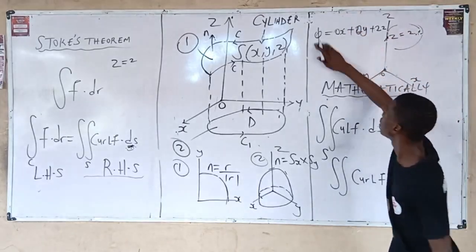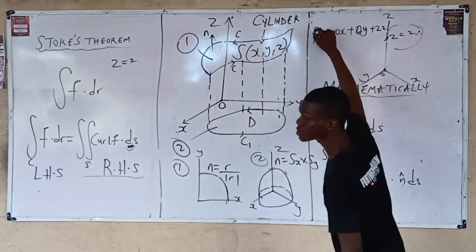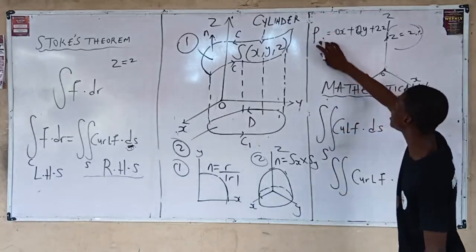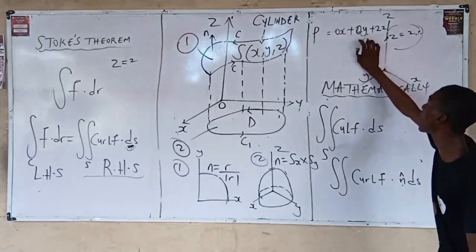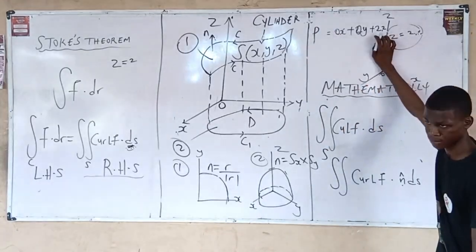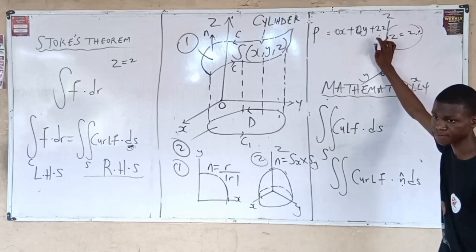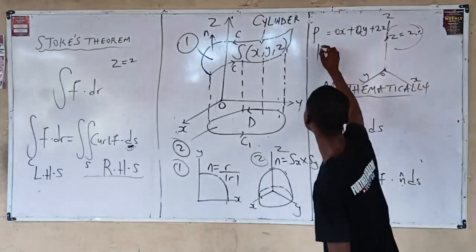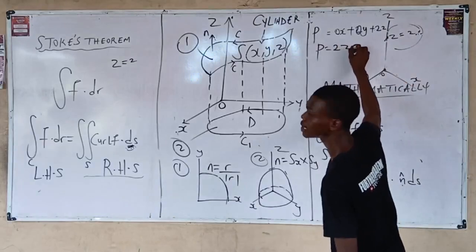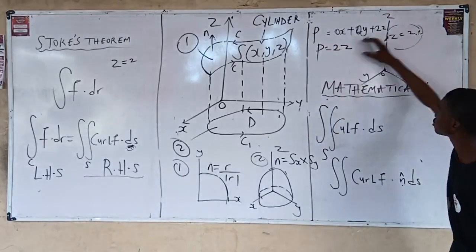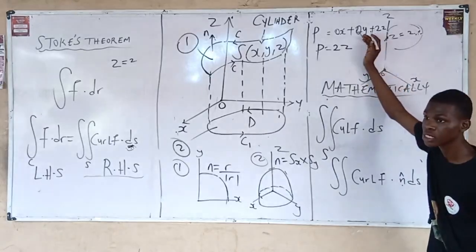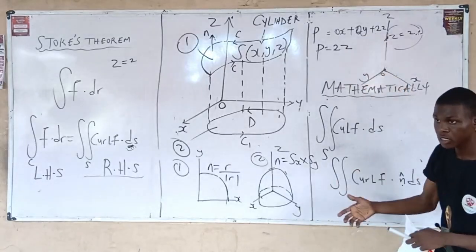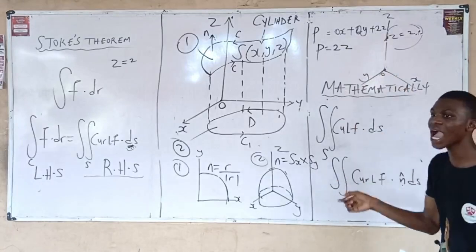I'm using phi, you might decide to use p, right? So let's use p now, meaning p is equal to 0x plus 0y plus 2z, which is still the same thing as writing p equals 2z. What you have here is still equivalent to this. Your 0x and 0y have no effect. You are just writing it in a nicer way to show that you have x, y, and z.